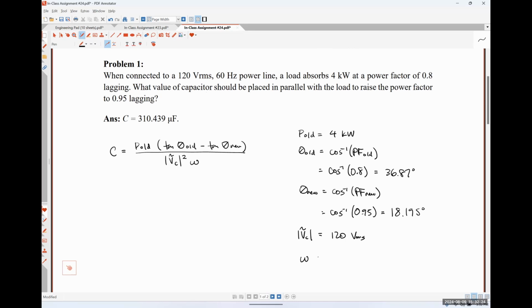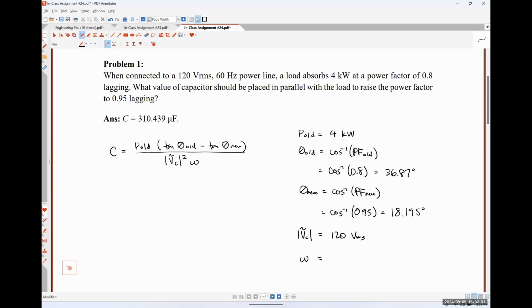And lastly, do we know the angular frequency that the system is being excited at? 120 pi radians per second. You're 100% correct, Joey. How did you get that, please? Just the normal frequency times 2 pi.